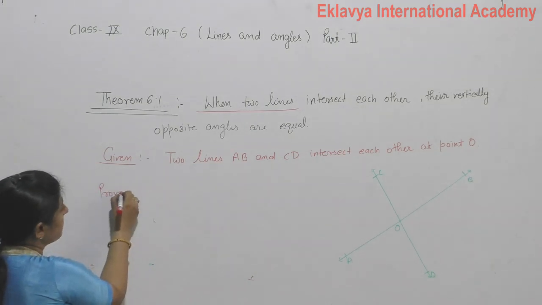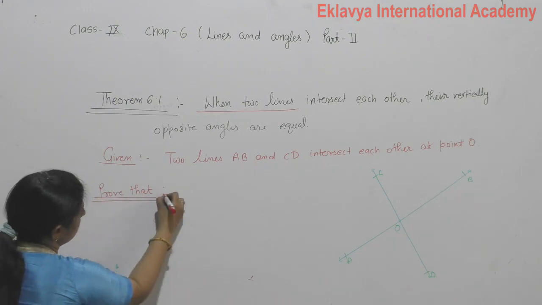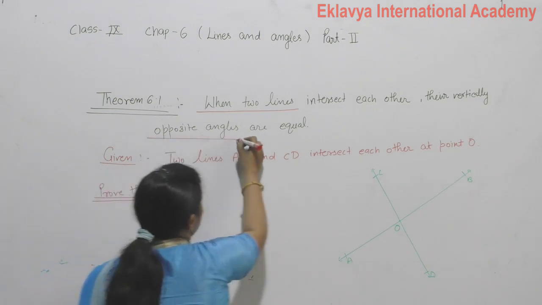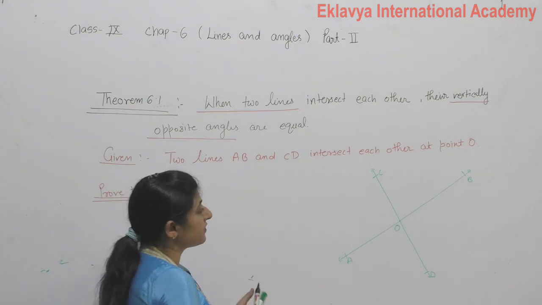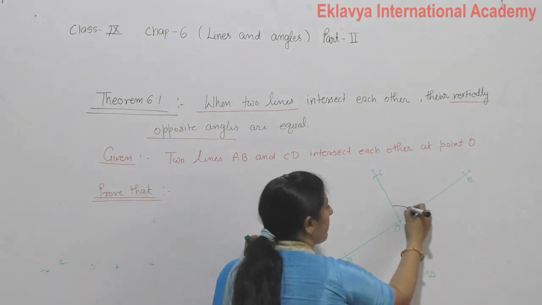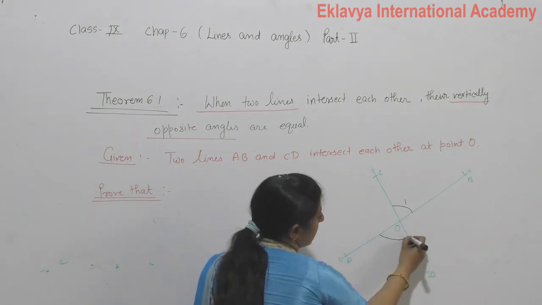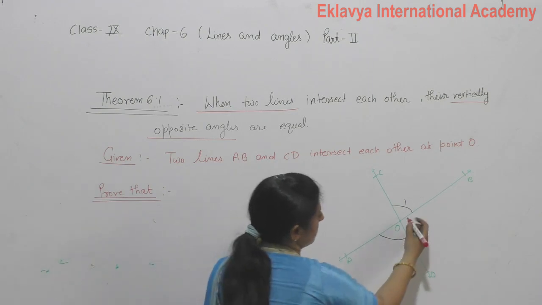Prove that. What do we have to prove in it? That their vertically opposite angles are equal. Firstly, write down which ones are vertically opposite angles. Suppose I divide into 4 parts.